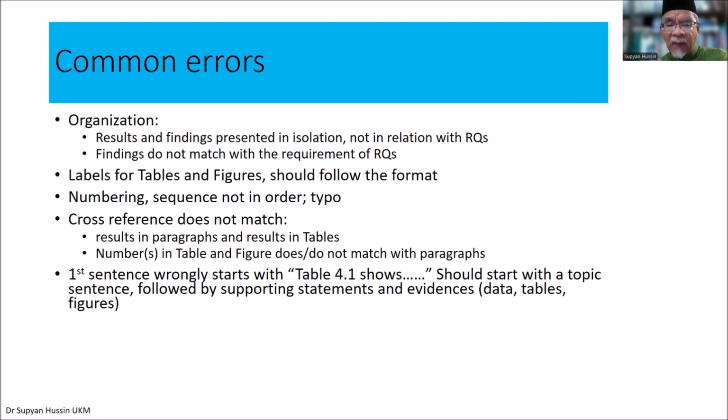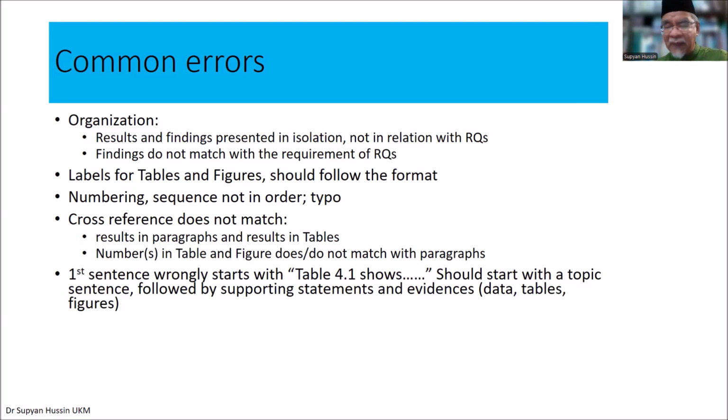This is also a common error when you have a sentence. You say table 4.1 shows blah, blah, blah. The correct way is that you must have one sentence called topic sentence, a preamble. Then you support with table 4.1 or table 4.2 or figure 4.1 and so on. So tables and figures and pictures or sketches are evidence used to support the argument.